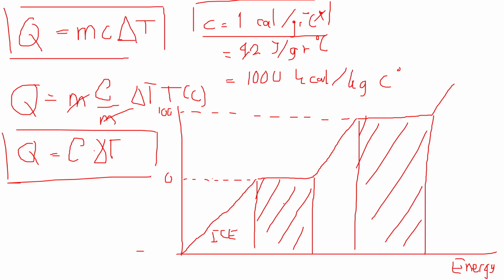But at this point, all of the ice is slowly being turned into water. So the temperature is not going up, but the more energy you add, the more ice is going to turn into water. So this is basically the melting point. We call it fusion, I think. I'm pretty sure it's fusion, because I'll say why later. And this is the point where everything is water, so it's going to go up again.